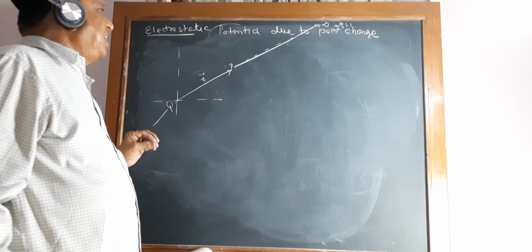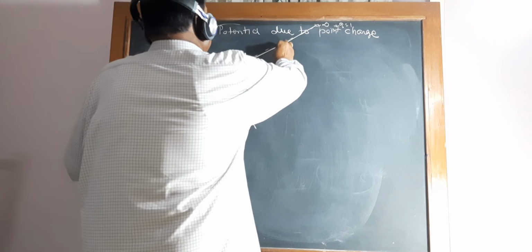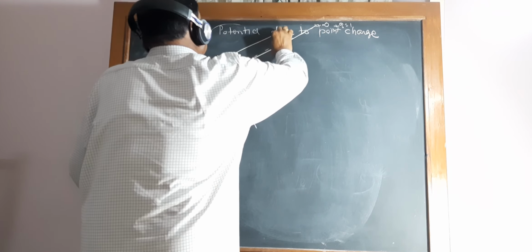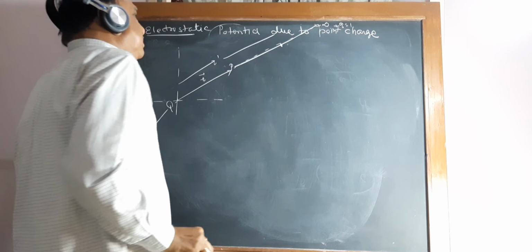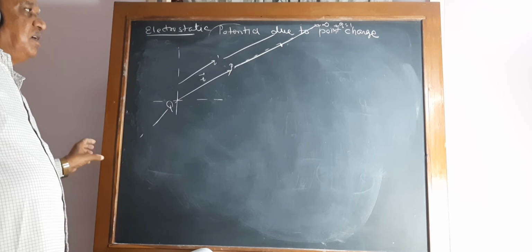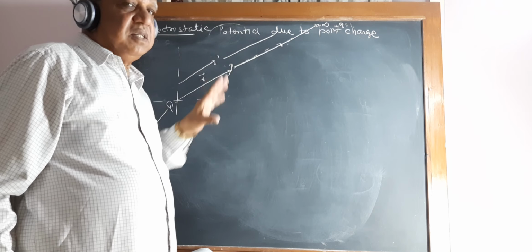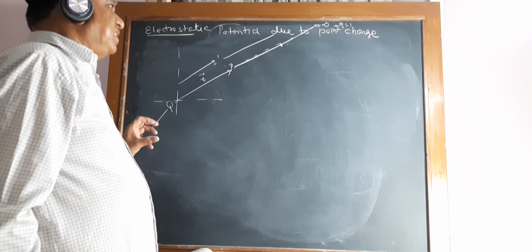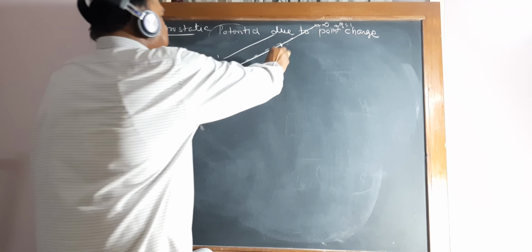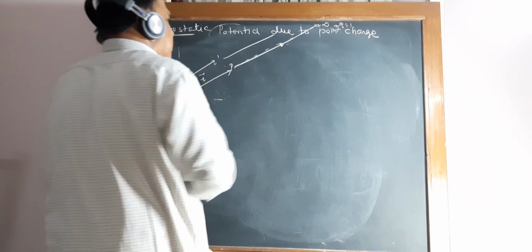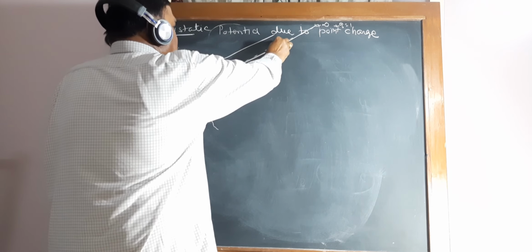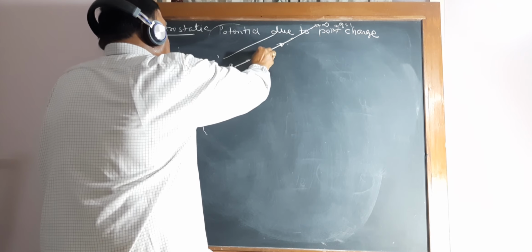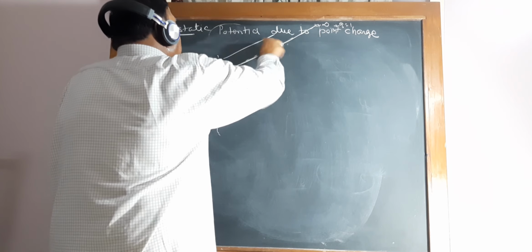So consider any point with position vector R dash. At that point, field is suppose E R dash. Then from this point, we are bringing towards point P by delta r dash.